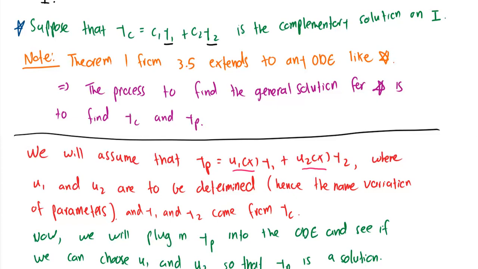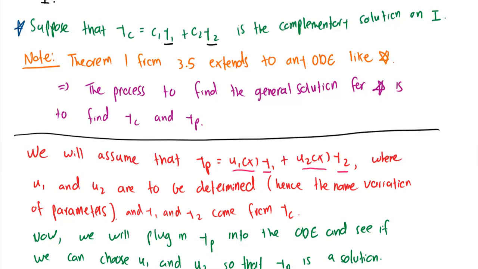Now, in this case, we want to use the information we have. The only information we have as of now is what the complementary solution is. So it makes sense to look for something that is not a linear combination, because they're not constants, but some sort of thing like this, where you have something times y1 plus something times y2. And again, this makes sense because it's the only information we have. All we know is what y1 and y2 are.